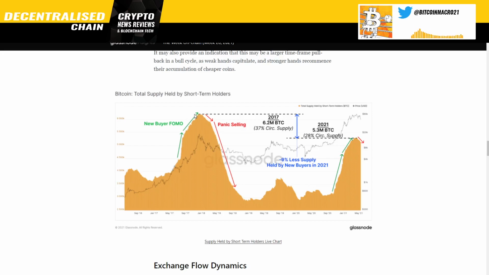And that's the key difference, because back then the top was around 37% of the circulating supply. And this time around, the top has been at about 28% of the circulating supply. But here's the thing, that 9%, it could easily be because of the Bitcoin Cash fork and the SegWit stuff, because we do know that about 50% or more of the people on the Bitcoin Cash chain eventually moved their coins to sell them.